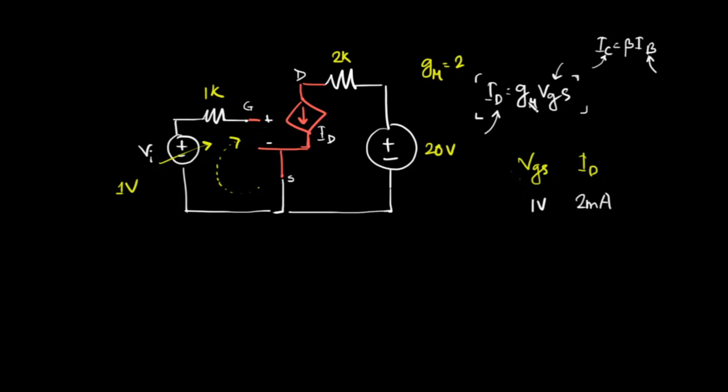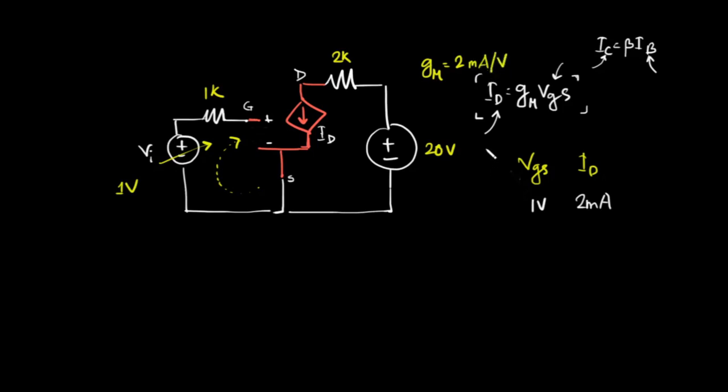So the unit of gm will be current by voltage. We usually measure currents in milliamperes and voltages in volts, so the unit of gm will be milliampere per volt.